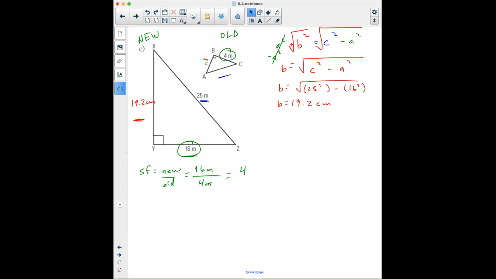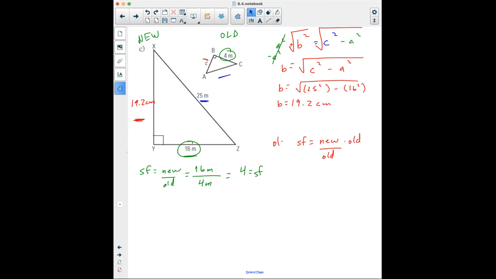So now that we know the scale factor, let's use this known side length to find that missing side length C. Scale factor is equal to new over old. We want to find what that old is.